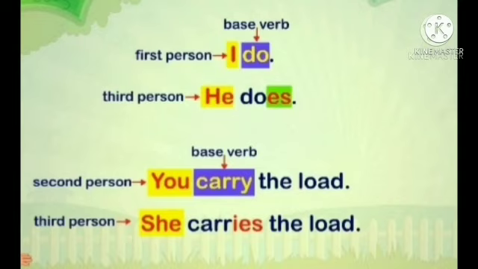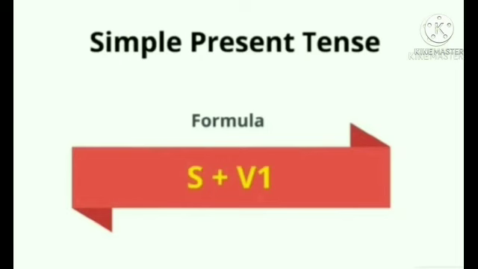But for third person he or she, we need to add S, ES or IES to the base form of the verb. So the formula for simple present tense is S plus V1.